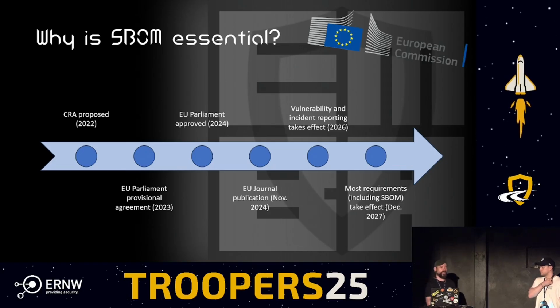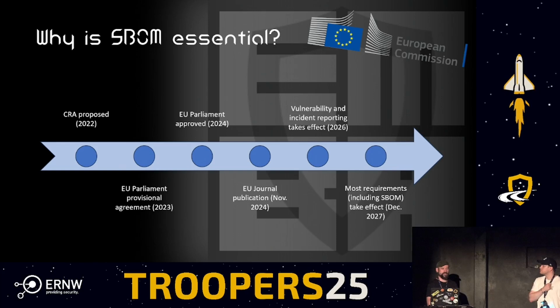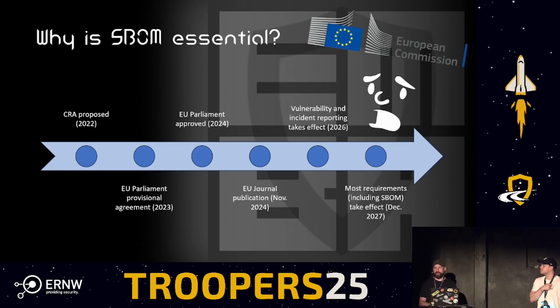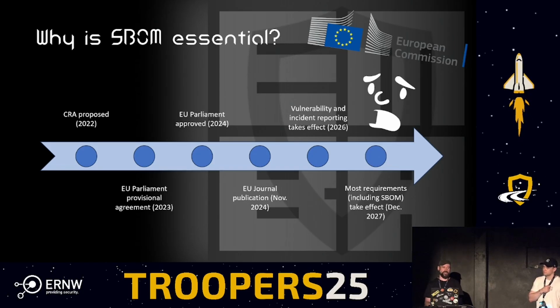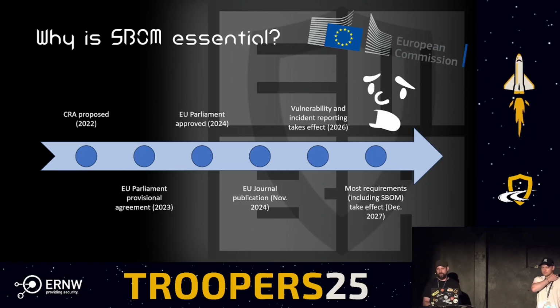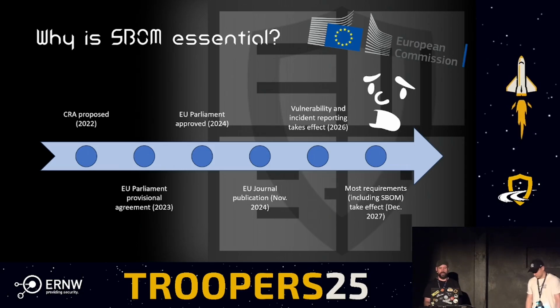The one or the other vendor now says, okay, this is very short term, so we are not able to fulfill this. No, we now know since 2022 about the Cyber Resilience Act that it will come, and it will come next year. From 2026 on, the first part of the Cyber Resilience Act gets affected, and we need to have SBOMs, because otherwise we are not able to perform vulnerability management and incident reporting.